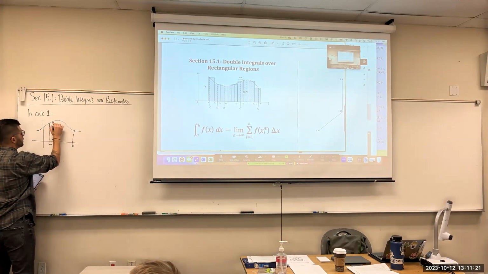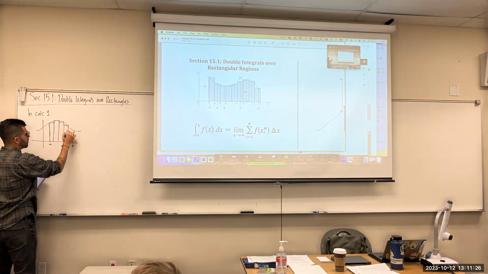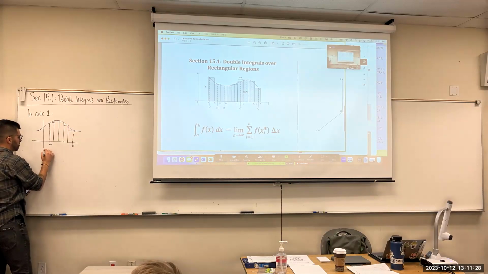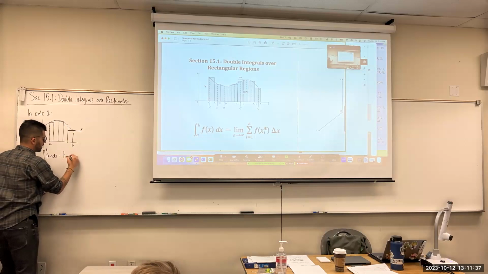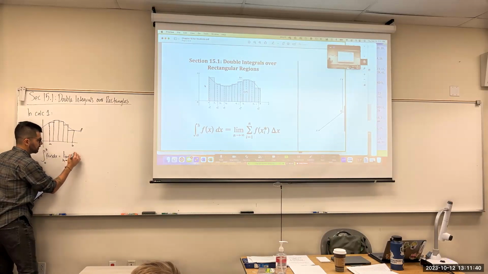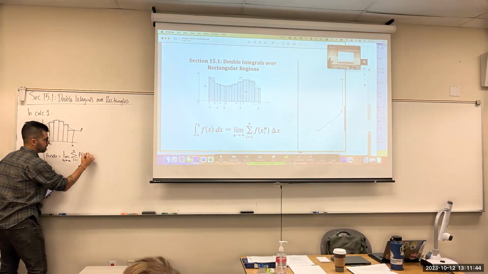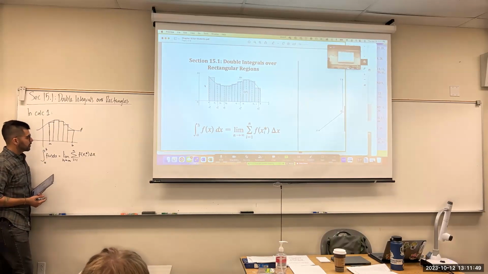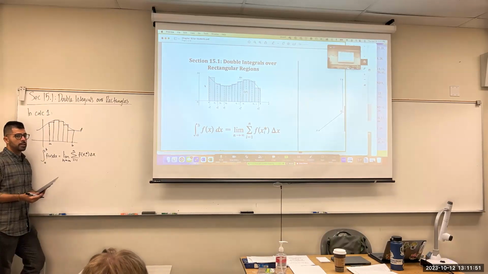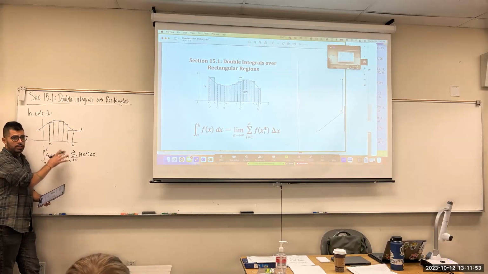However you want to draw it. Or you don't even have to because I gave you a packet. But then we define the definite integral of your function to be that limit of that funky sum. Okay. So we're gonna start defining a double integral using this similar idea.